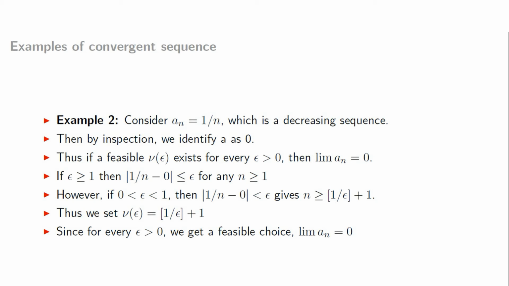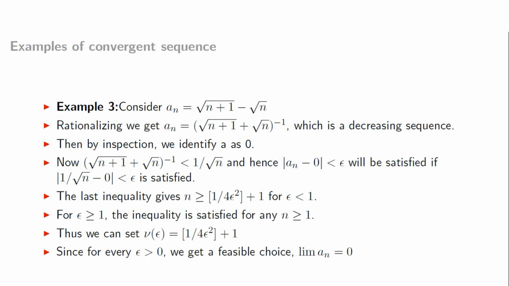However, for 0 less than epsilon less than 1, the same inequality gives n greater than or equal to box of 1 by epsilon plus 1. Thus, we can set our nu epsilon as box of 1 by epsilon plus 1. Since for every epsilon greater than 0 we get a feasible choice, the limit of a n exists and is equal to 0.